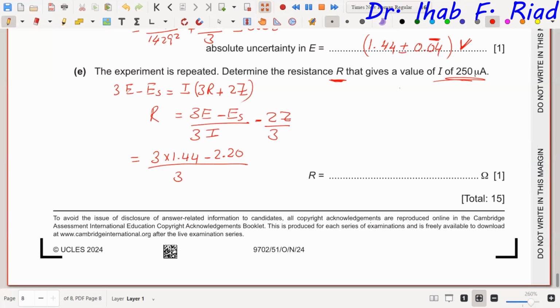What is I? 250. But we will convert the unit. Yes, 10 to the power of -6, right? Yes. What is Z?